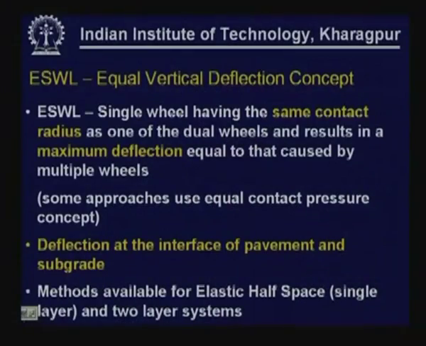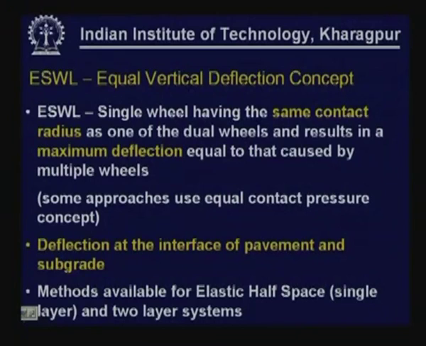There are a number of methods available for working out these parameters. If it is a single layer system, we will use what is known as an elastic half space analysis. We will be discussing these things in greater detail when we talk about analysis of pavements, but at this stage we will just use some charts or some method that is available for calculating these things.